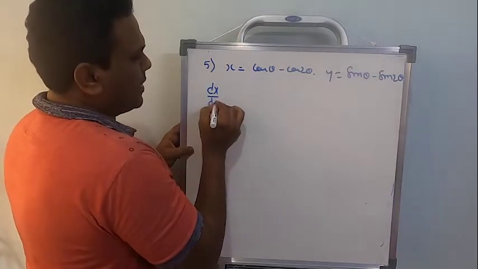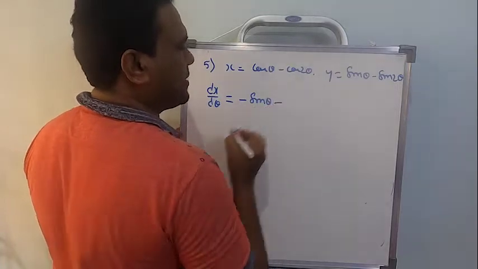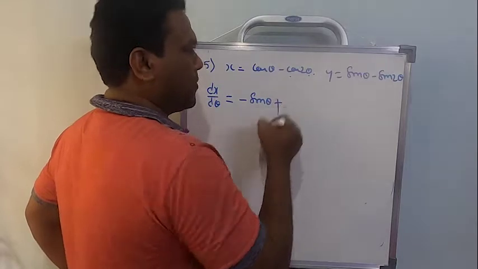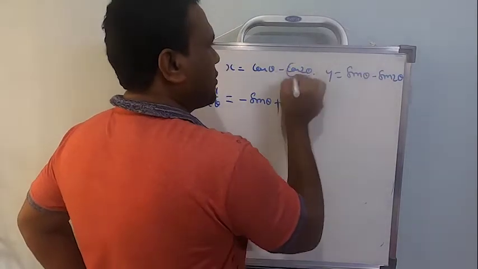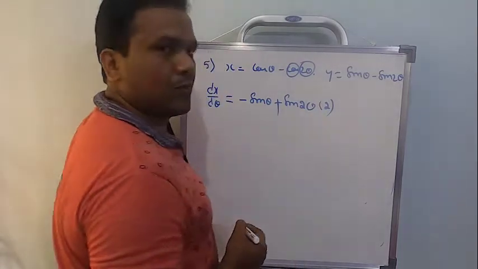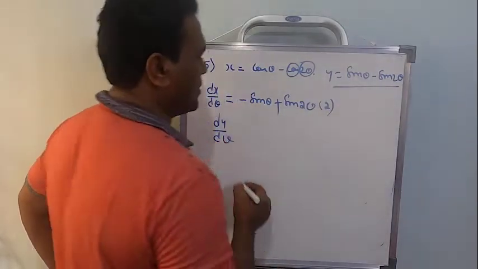Therefore dx by d theta equal to differentiation of cos theta, which will be minus sin theta, minus differentiation of cos 2 theta, which will be minus. You already have a minus, so this will become plus, and sin 2 theta. Differentiation of cos is over. Now 2 theta: differentiation of 2 theta will be 2. Now the next is find out dy by d theta. That is, differentiate this.